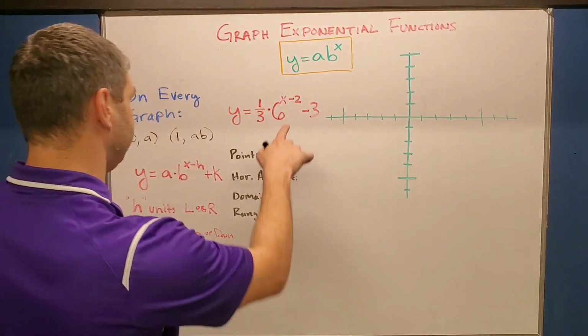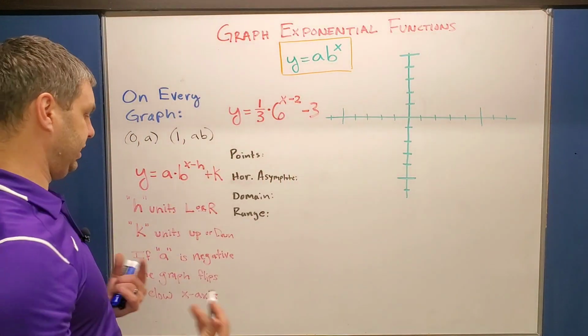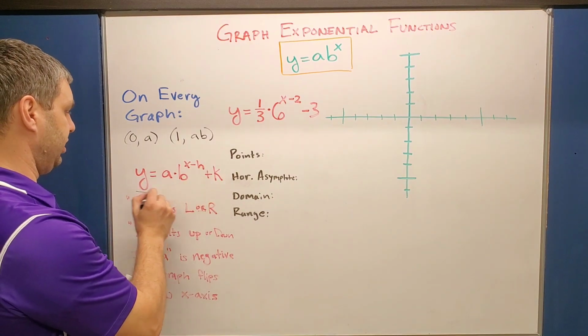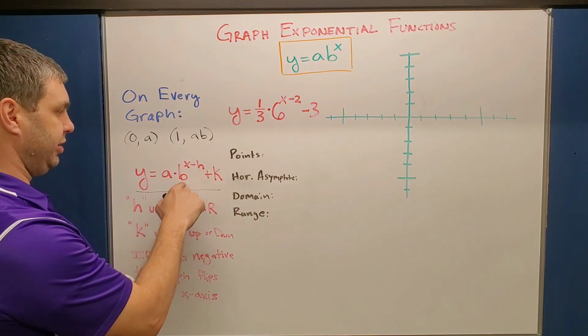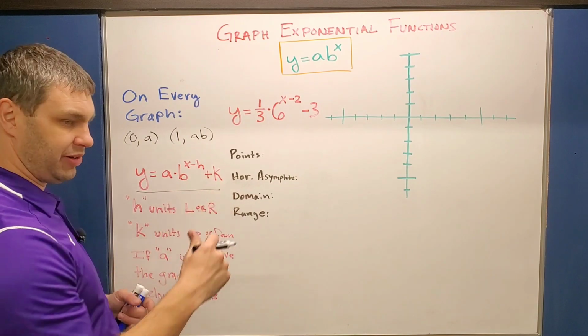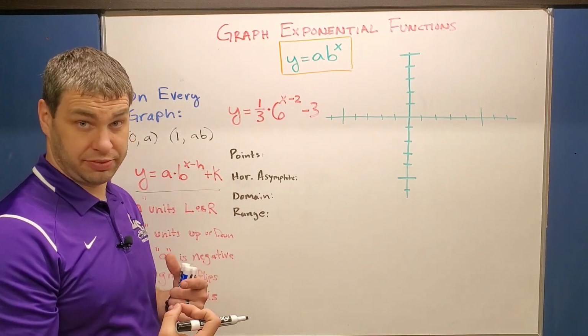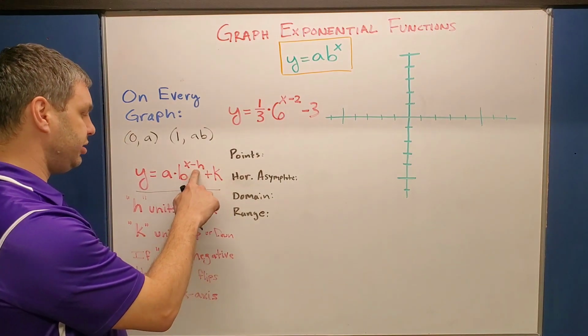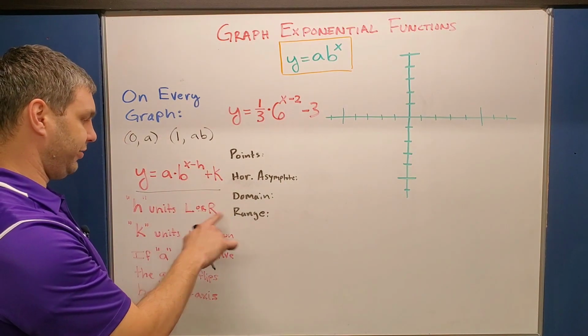And so this number after our x in the exponent, the general form here is y equals a times b raised to the x minus h, plus k. We've had h's and k's before with parabolas and circles and things. And so this h is going to be how many units it's going to shift left or right.